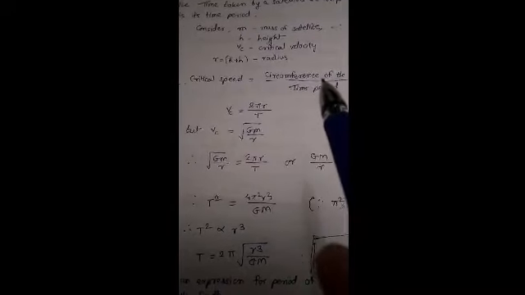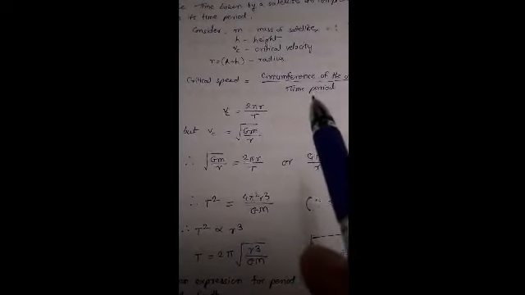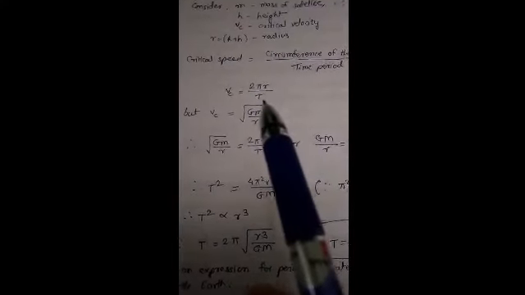The distance traced by the satellite in one revolution is equal to the circumference of the circular orbit within periodic time T. So critical speed is equal to circumference of the orbit upon time period. So Vc is equal to 2 pi r upon T, where 2 pi r is the circumference of the circle and T is the time period.